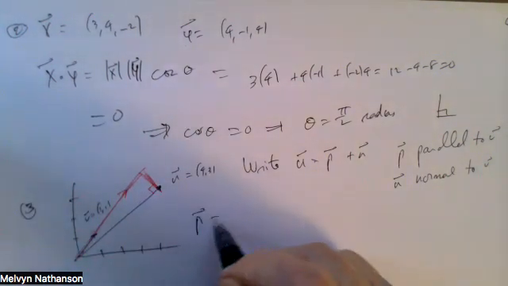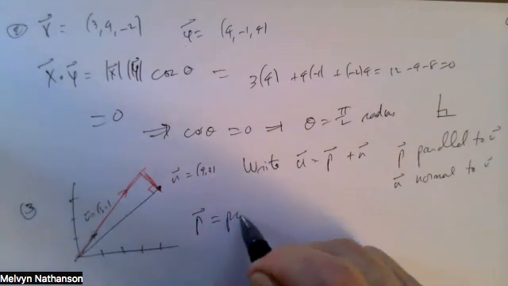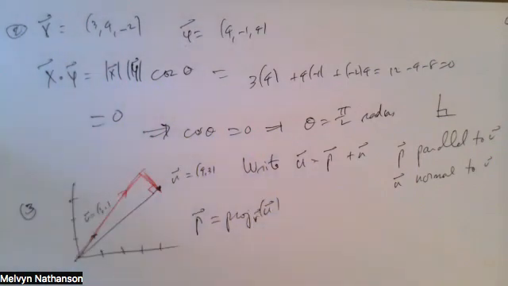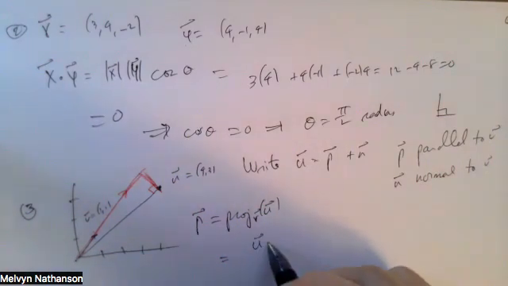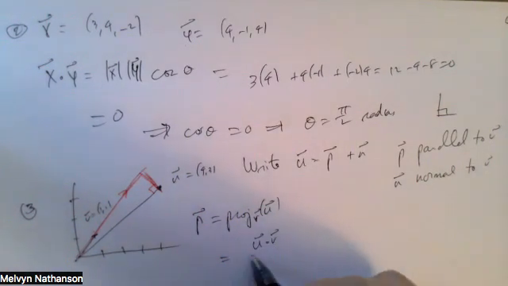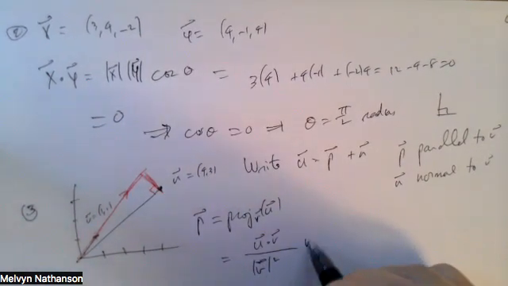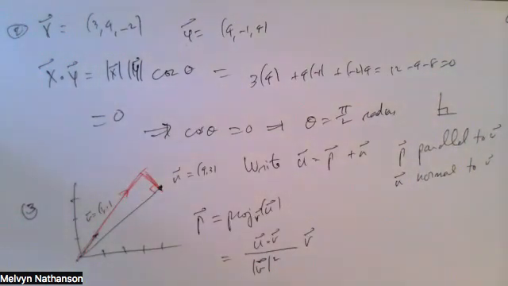So p is going to be the projection of the vector u on v. And this is equal to, you take the dot product of u and v divided by the length of v squared times v. Right? This is the formula for the projection.